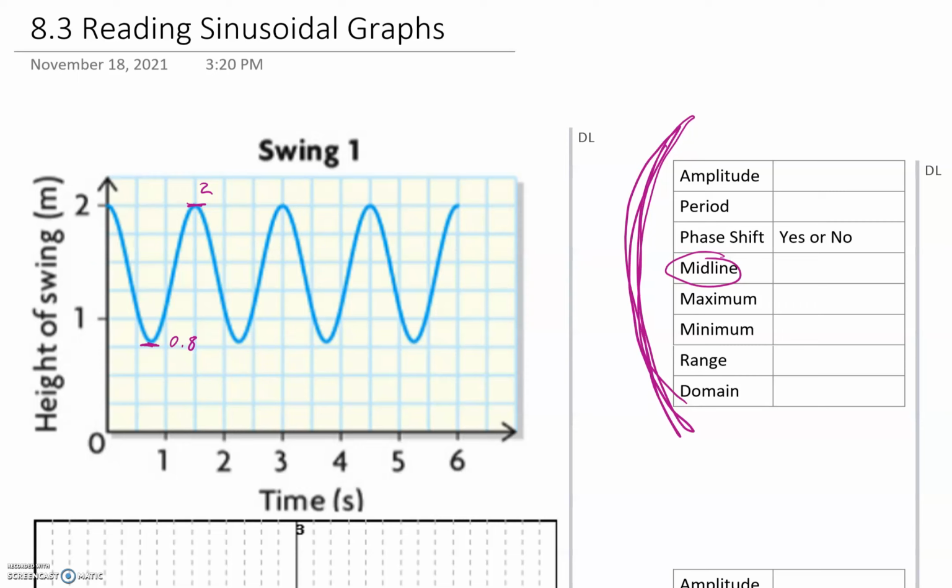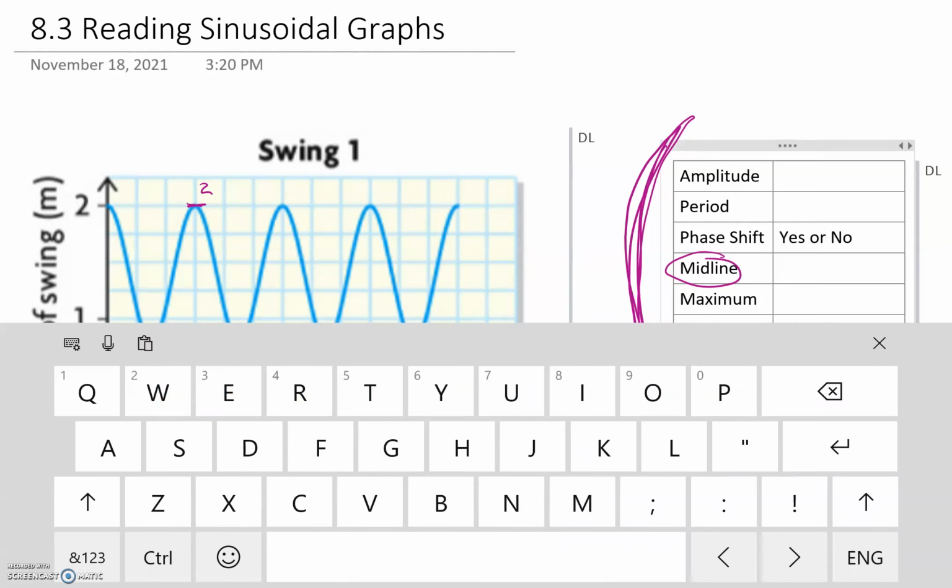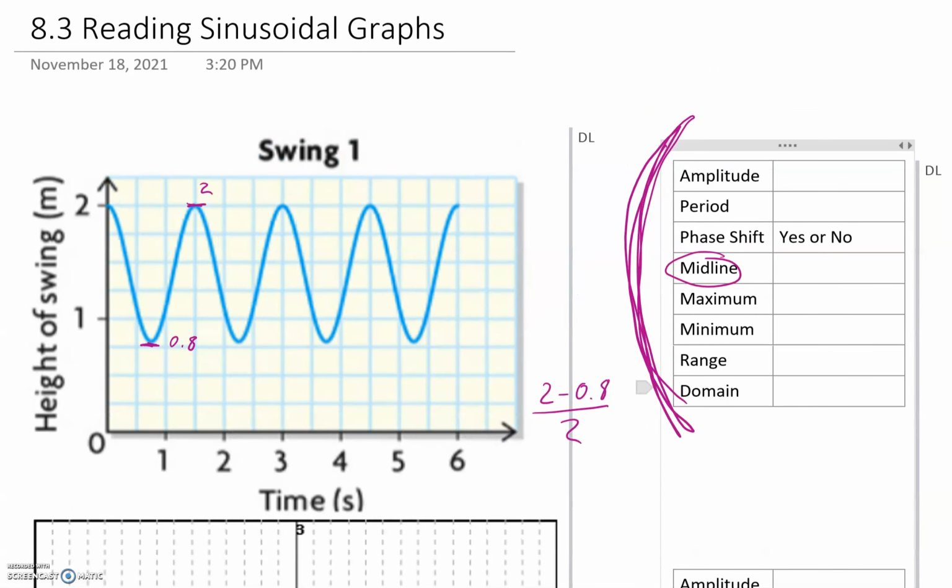So we would say 2 minus 0.8 divided by 2. This would give us our amplitude first, and then we can subtract to get our midline. So if we do that, we have 1.6 over 2, and then that would be 0.8.